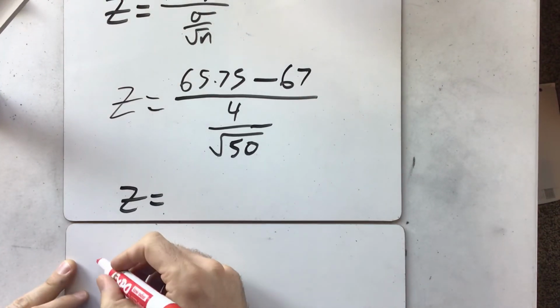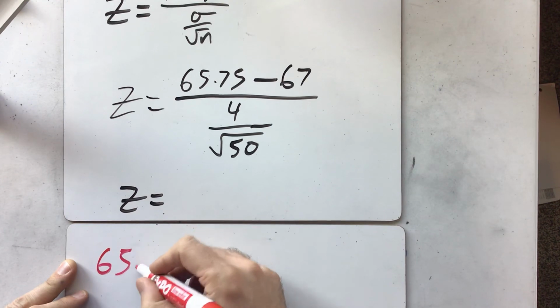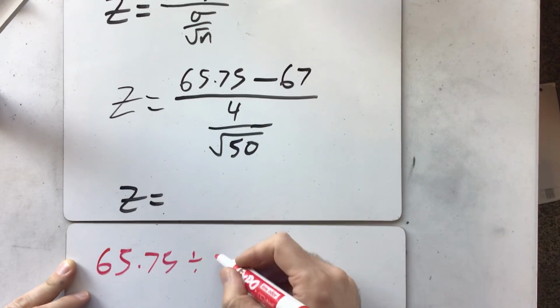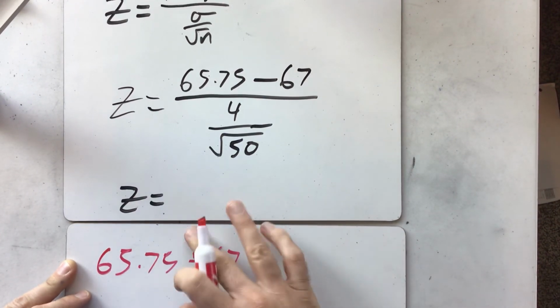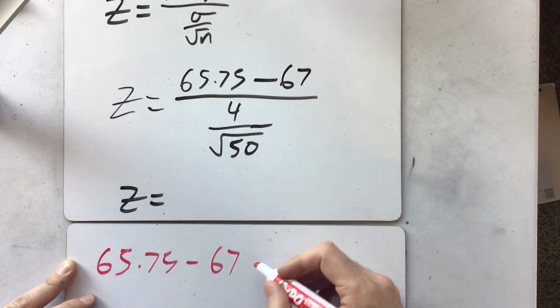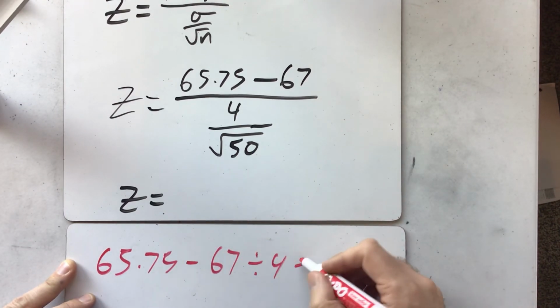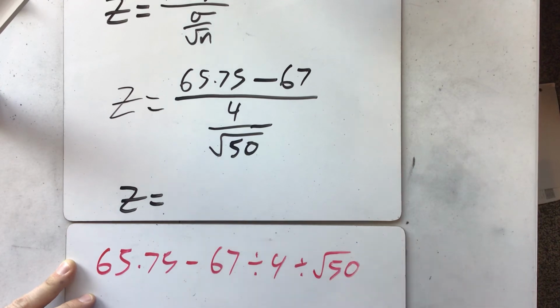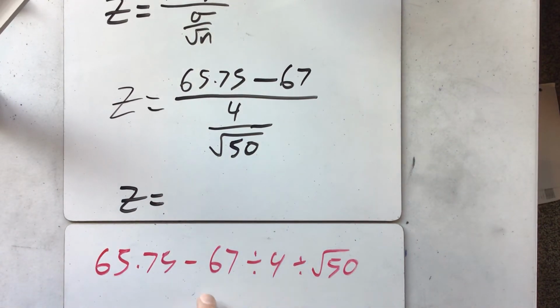I see students writing something like 65.75 minus 67 divided by 4 divided by the square root of 50. And what's this going to do wrong? Well, your calculator automatically does the order of operations. So your calculator is going to divide this first and then divide this second and then subtract from your answer.